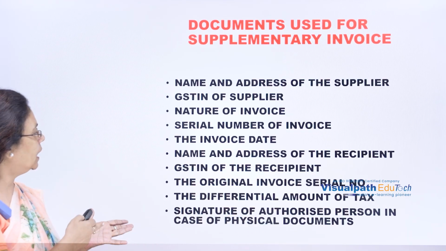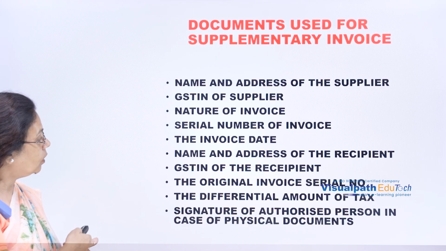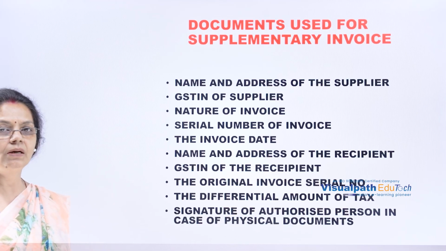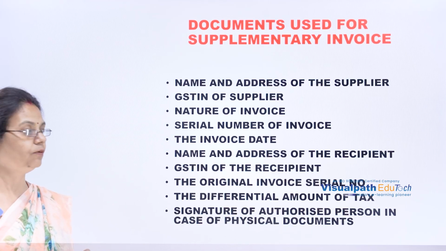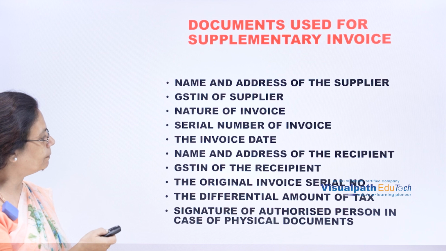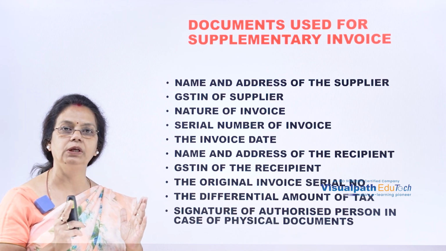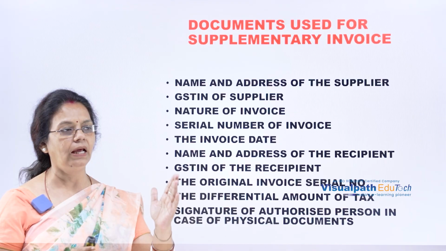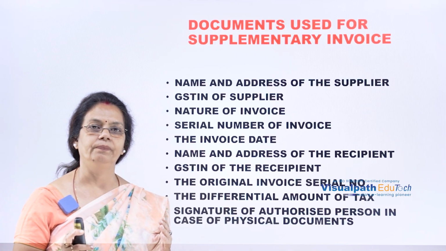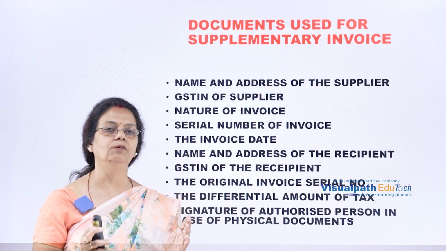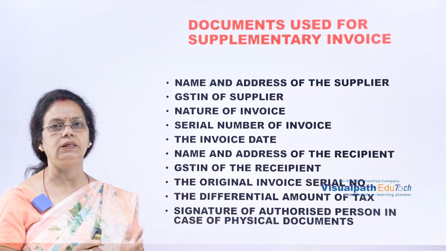Now, GSTIN of the recipient, and the original invoice serial number which is there in the original invoice. The differential amount, whatever the difference is. As I already told you, for example, the invoice price, the total tax price in the earlier invoice, is 1,20,000.